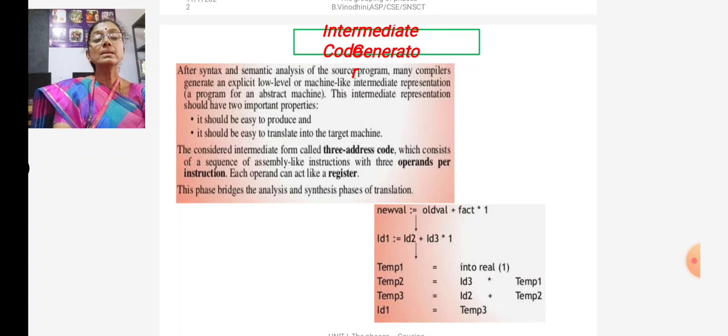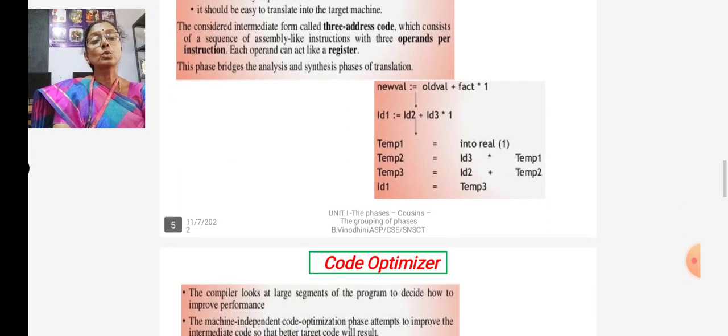Next, we add id2 plus the value in temp2, and finally the whole computation value in temp3 is stored in id1. So the temporary variables, the temporary registers, are used for the computations in the 3 address code.